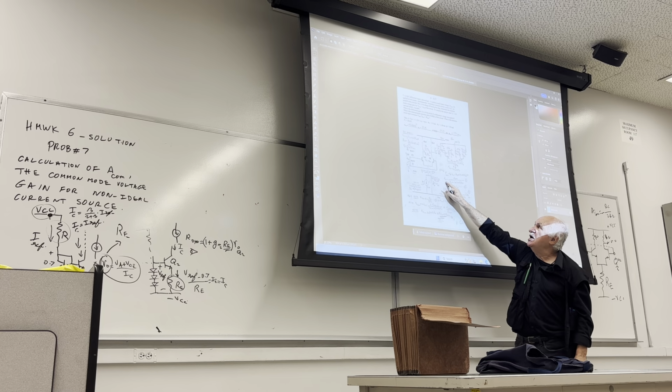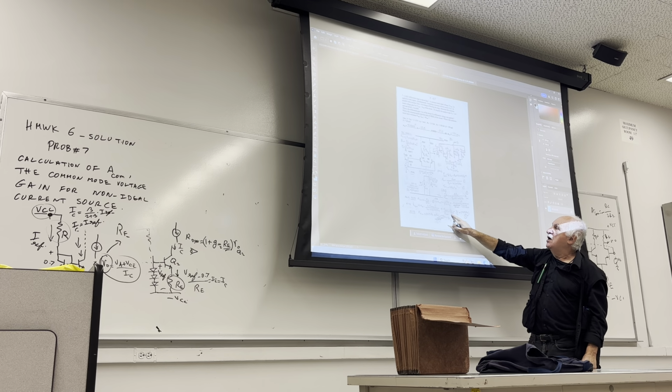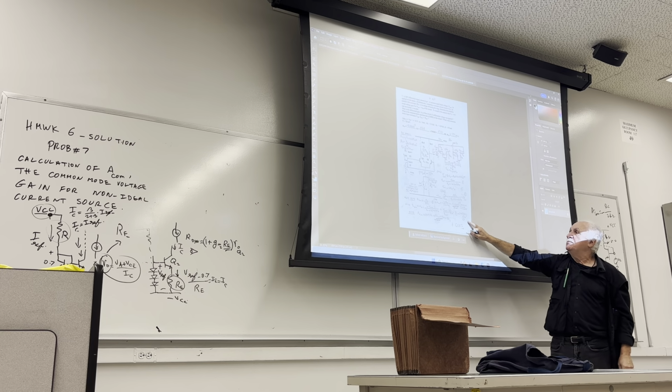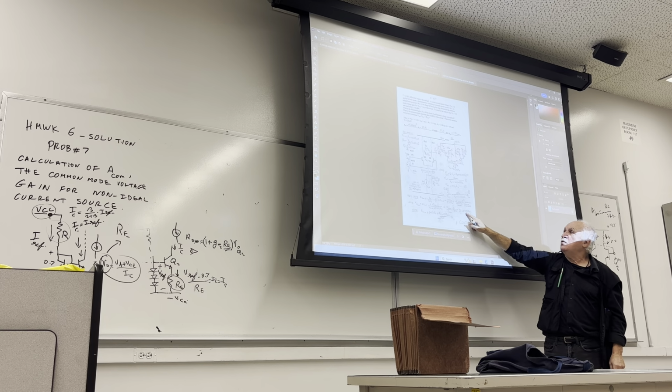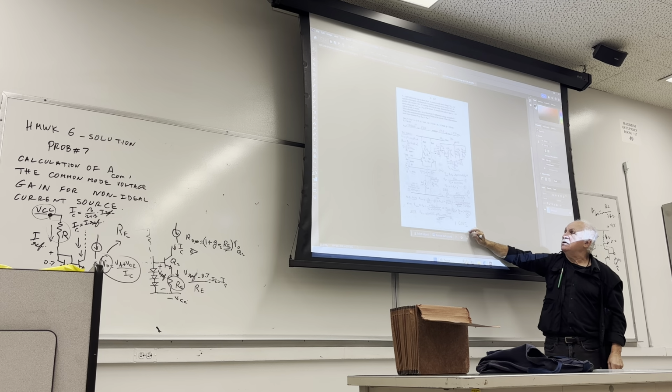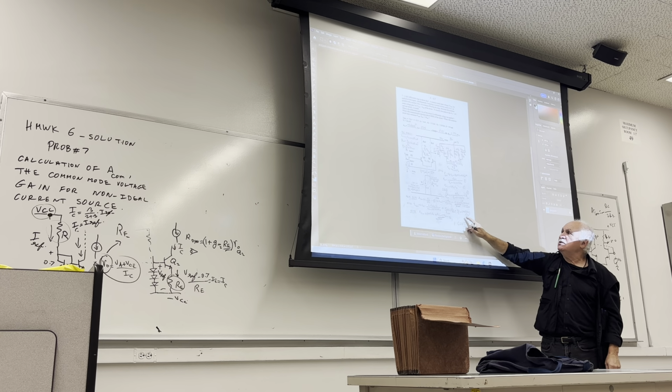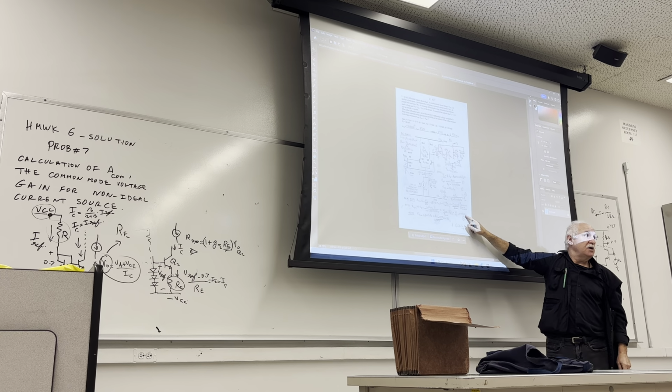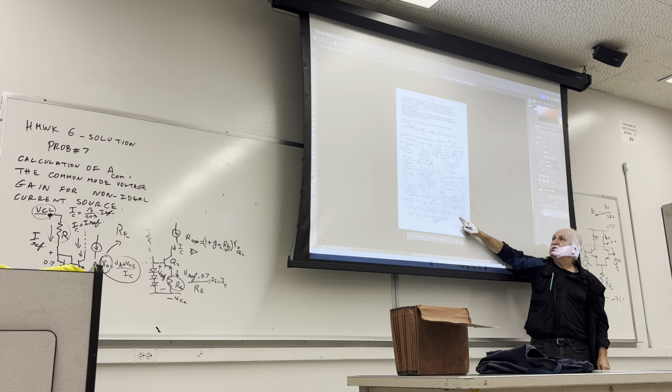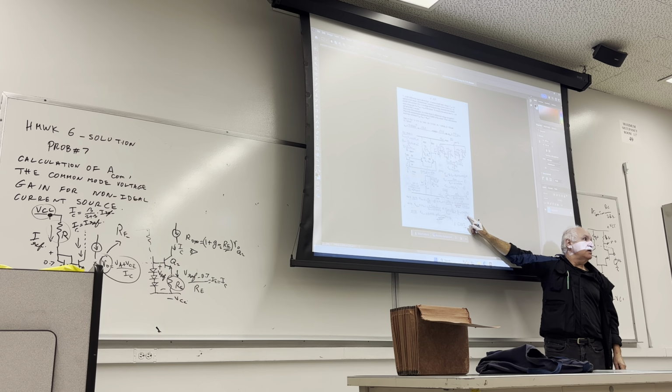From here, once you calculate the IB, RI, common mode, turns out to be equal to R pi over 2, plus (1 plus beta) RE. Again, R pi is not significant, but look at that quantity. It's huge. It is beta multiplied by RE.